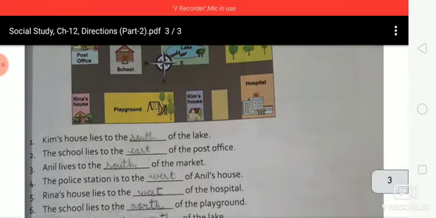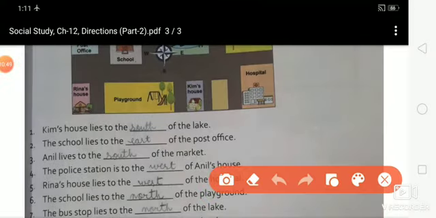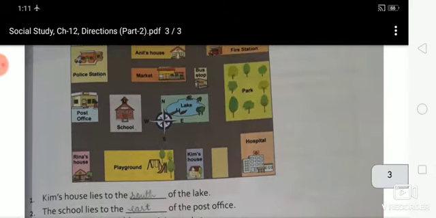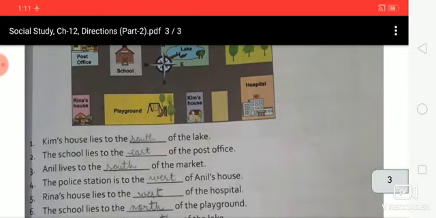Hospital. So first question is: Kimi's house is to the blank of the lake. That means south. Kimi's house, south.